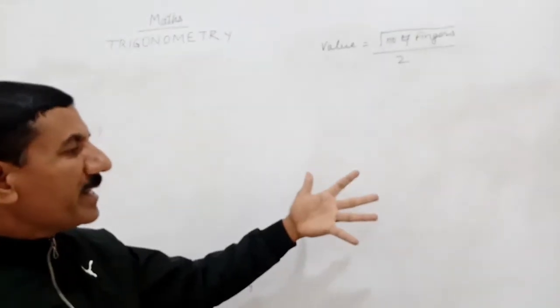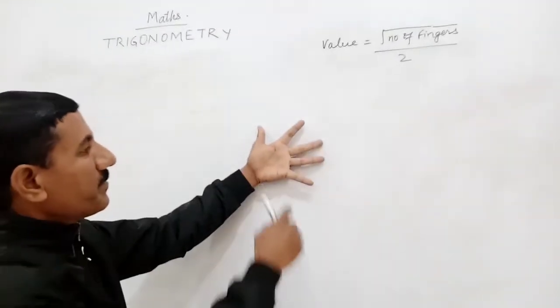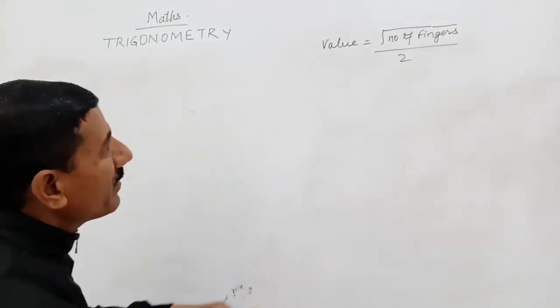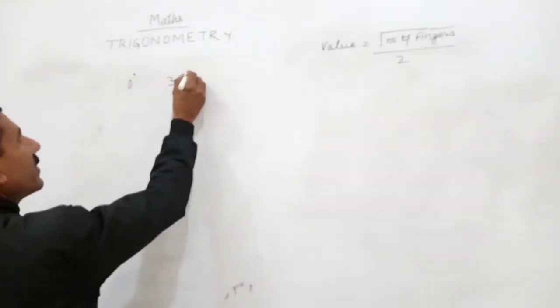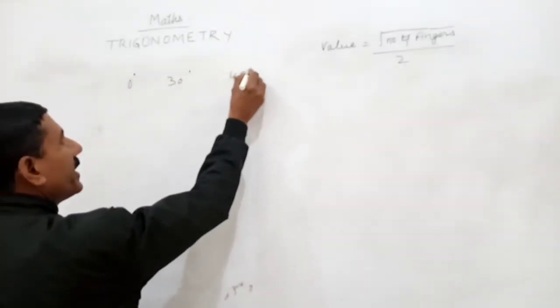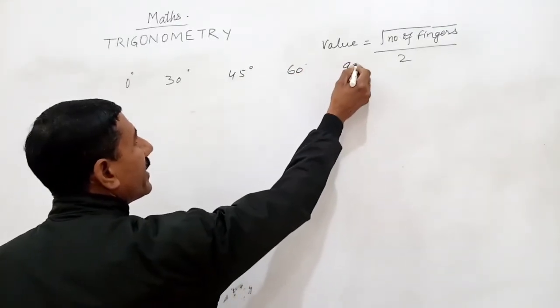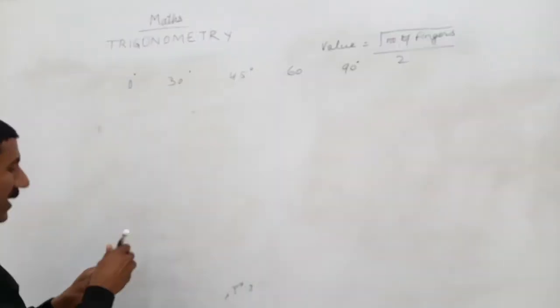First we discuss on the palm. Number one, when we find the values of 0 degree, 30 degree, 45 degree, 60 degree and 90 degree.